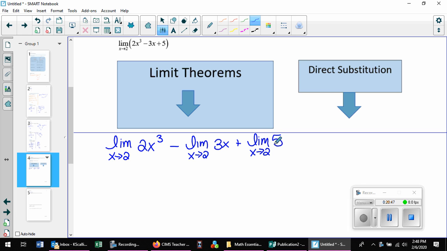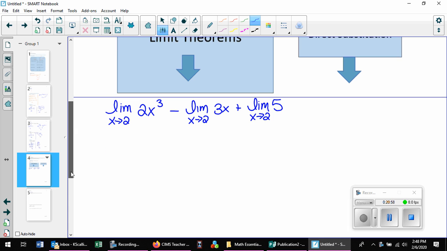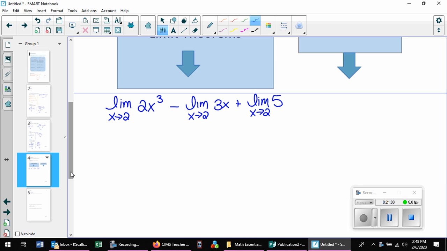Okay, so that's the limit theorem, and I'm not even done yet, because this one has a constant and a power. So that one would be, the constant gets pulled out in front, so 2 limit x approaches 2 of x, and that's all cubed. Oh, never mind, that's not all cubed.